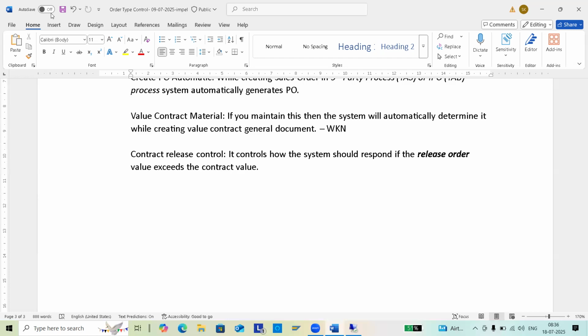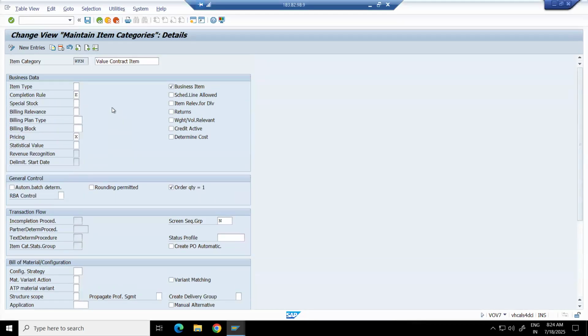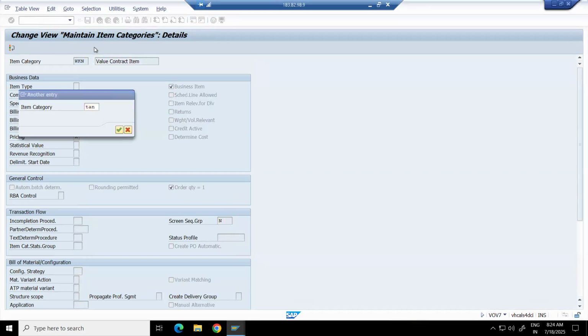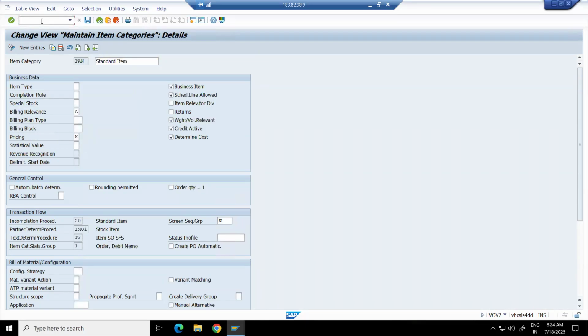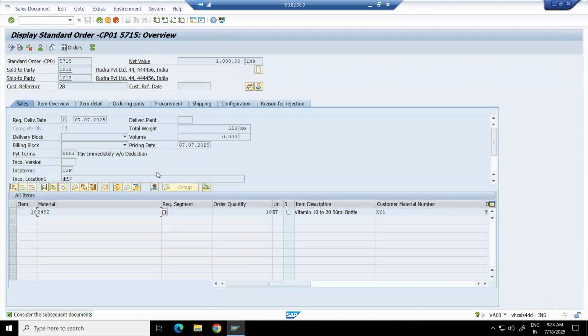Fine, guys. Now the important things will come. Just try to understand this TAN. How is this TAN coming? The standard one is TAN, right? Which order had we created? VA03. Let's go inside our order. This is the order we had created. So where can we see the TAN, guys?